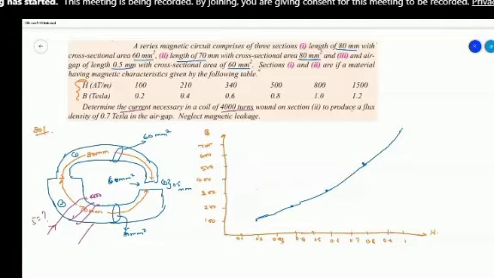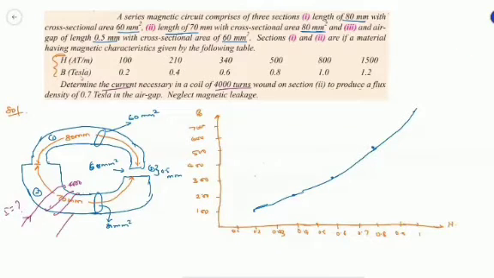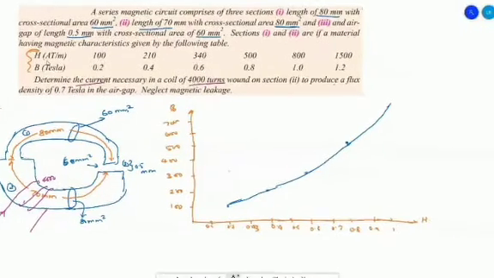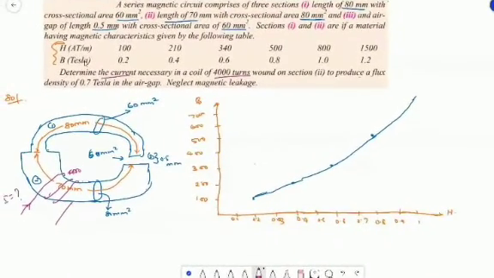And then sections 1 and 2 are of a material having magnetic characteristics given by the following table. So this is the data required to plot the BH curve, and this data has been given. So you can connect all these dots.